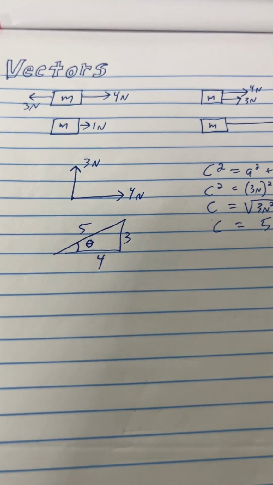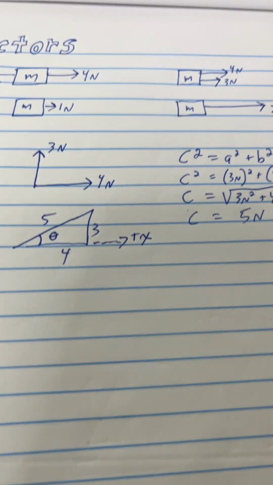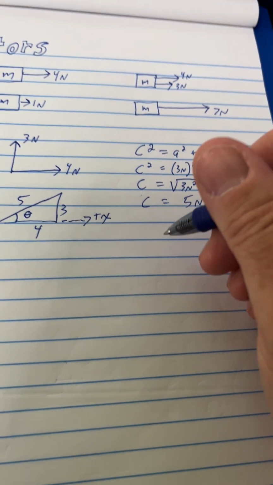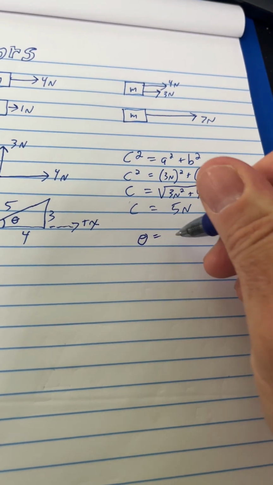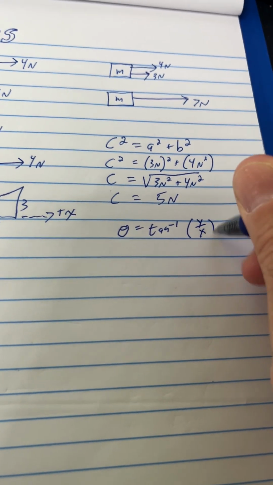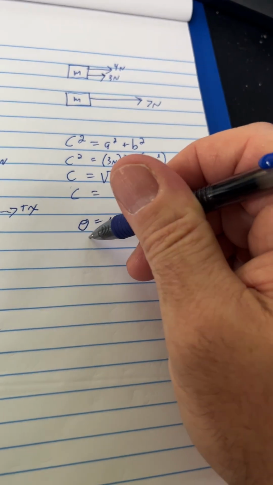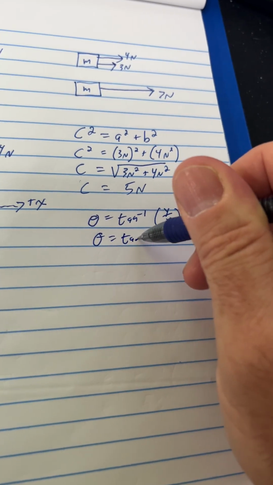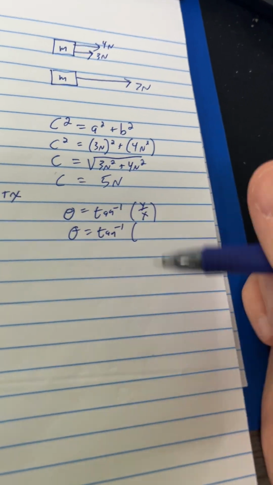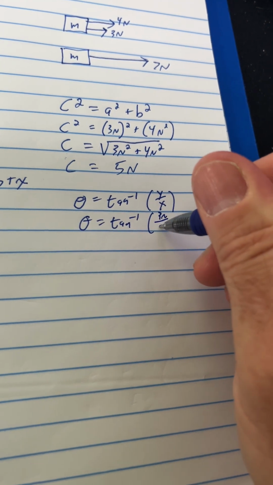So looking at my triangle here, usually we reference the angle to the positive x-axis when we drop in a Cartesian coordinate system. And so we're going to use trig. And so theta is going to be equal to the inverse tangent of the y over the x. So in our case, theta is going to be inverse tangent of 3 newtons over 4 newtons.